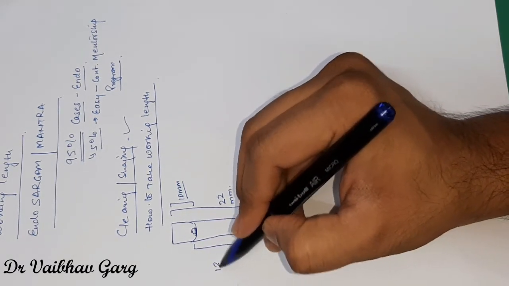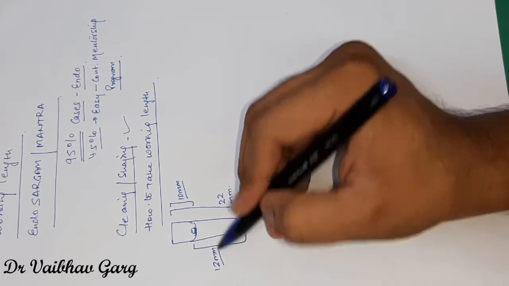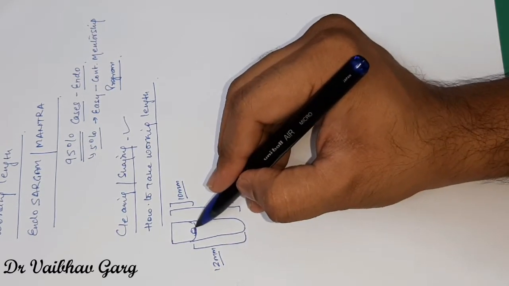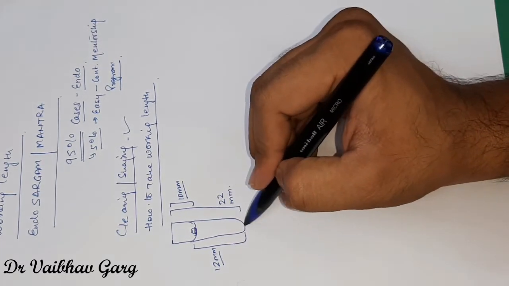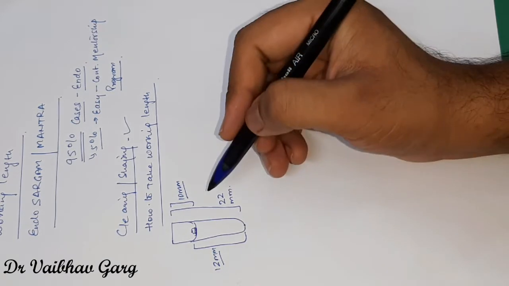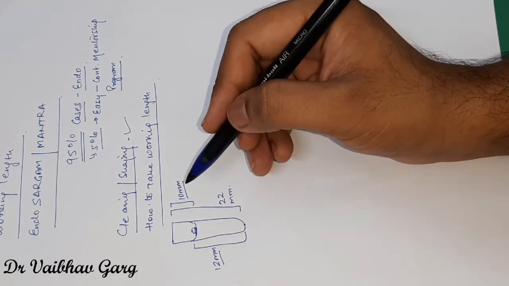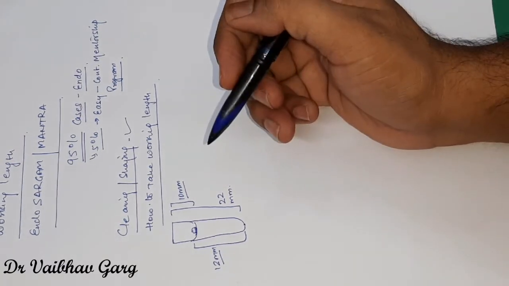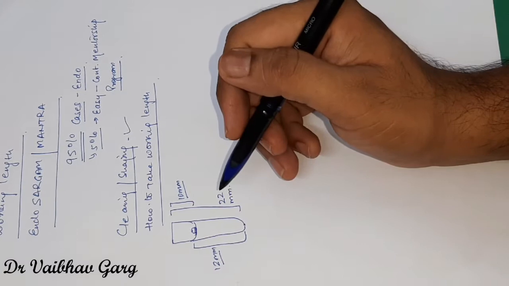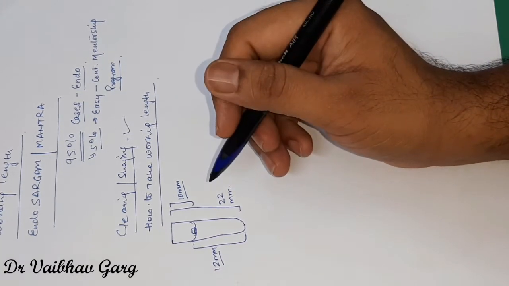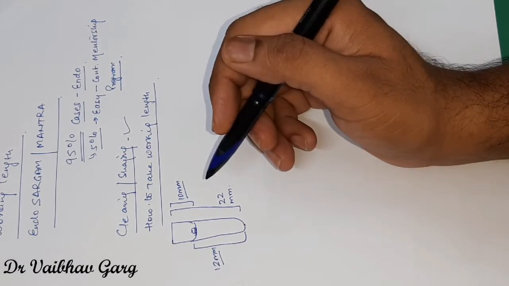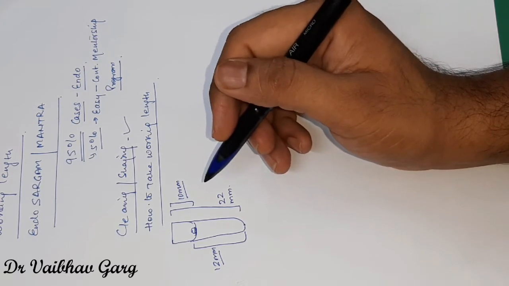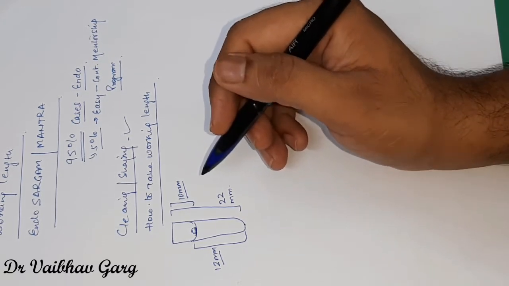And when you fulfill the entire canal from the orifice level till the apex, it gives a different happiness. Along with the happiness to both the patient and the clinician, the longevity of the tooth increases, the prognosis improves, and as we have all understood, endodontic treatment heals if it is done properly.